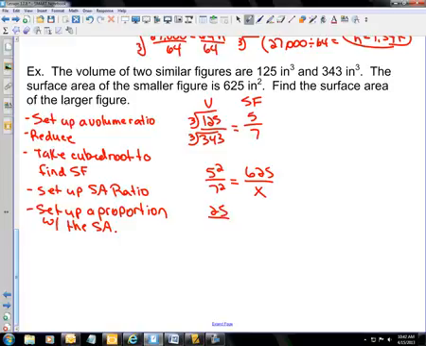So I have 25 over 49 equals 625 over x. Cross multiply, it gives me 25x equals 49 times 625, which is 30,625. Divide both sides by 25, and you get 1,225 inches squared.